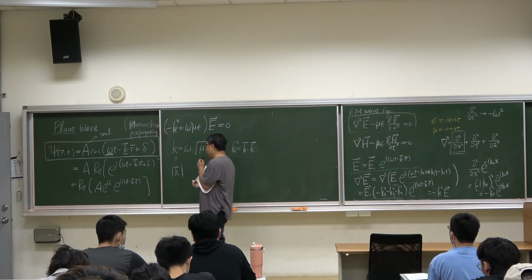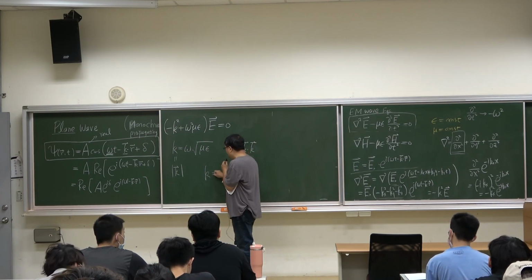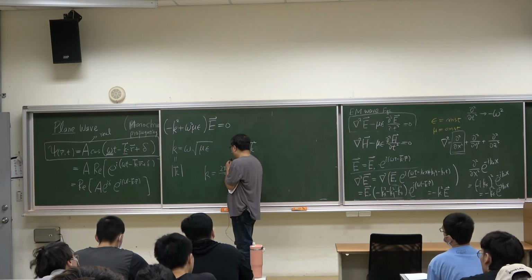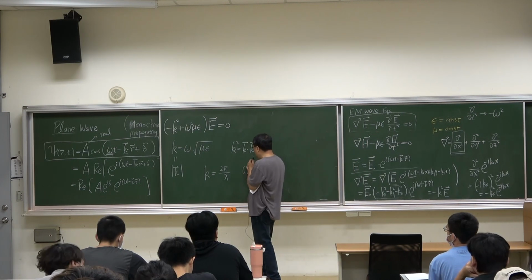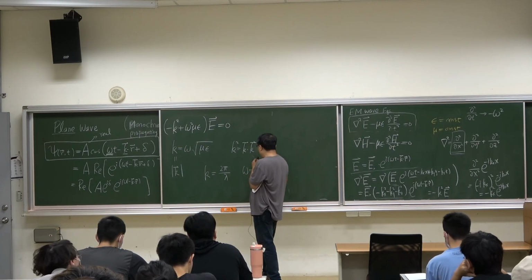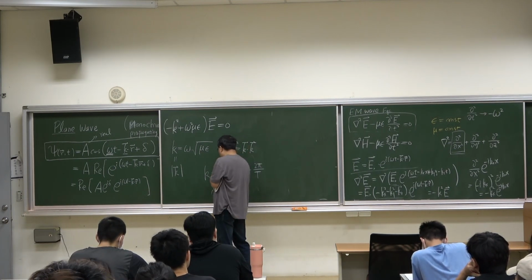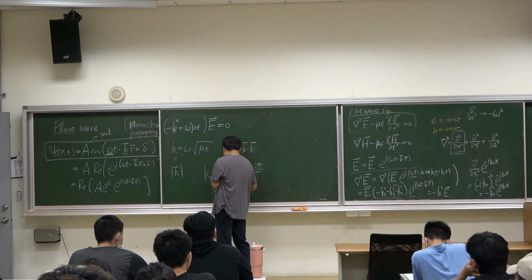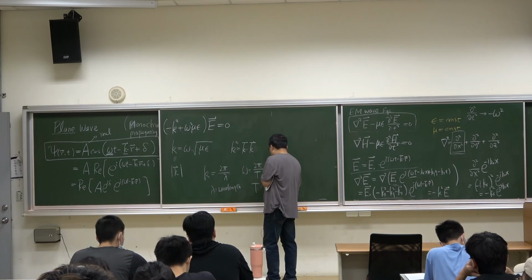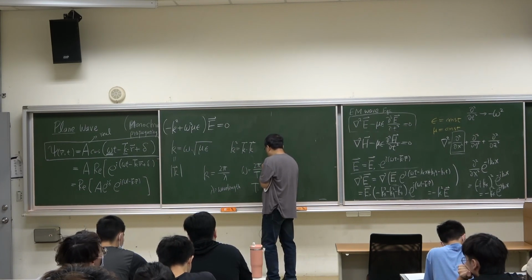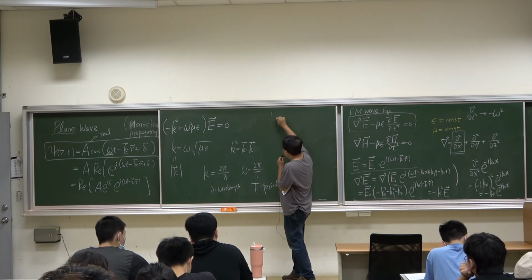So you know that the magnitude of wave number k is nothing but 2 pi over lambda, and omega is 2 pi over T. T is the period. Lambda is wavelength.